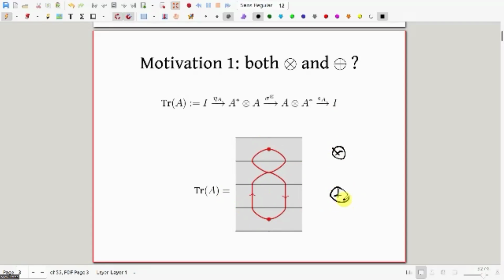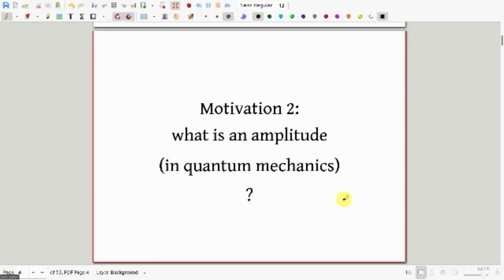I think of vector spaces a lot, so how do we do direct sum as well? Motivation two comes from quantum physics, and this is about amplitudes. What I really want to say is, what is an amplitude counting? Because an amplitude is a number. So what is it counting?